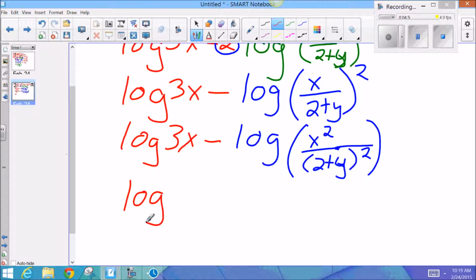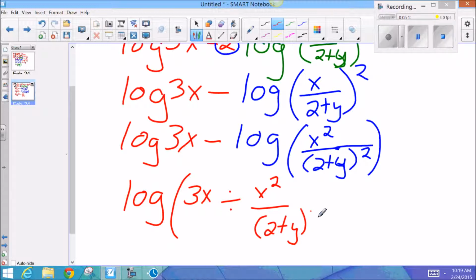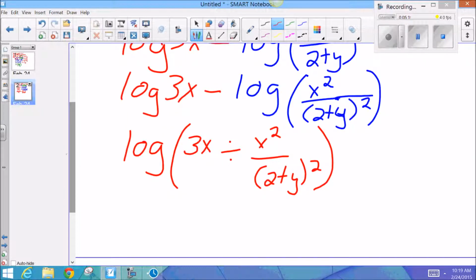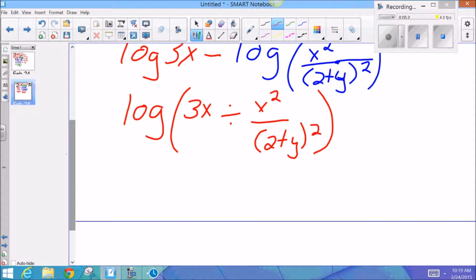All right, so I've got log of 3x divided by x squared over 2 plus y squared. All right, and to divide a fraction, it's the same thing as multiplying by the reciprocal. So let's simplify that.